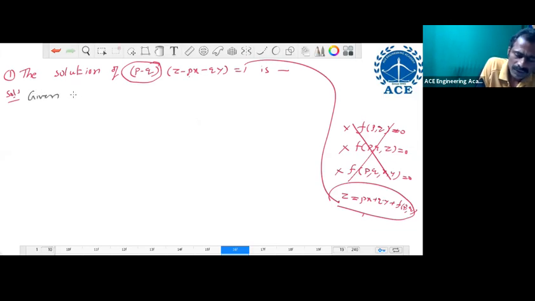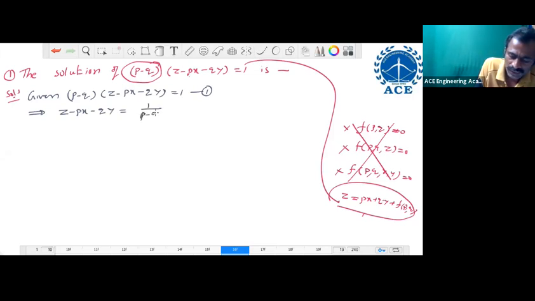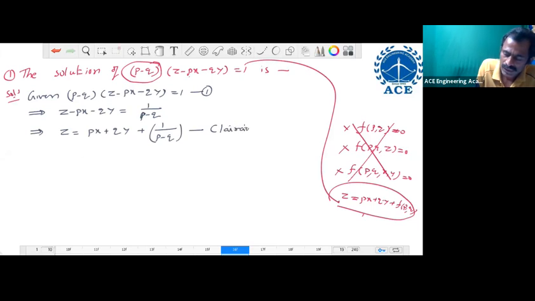Given p minus q into z minus px minus qy equal to 1. We simplify this: z minus px minus qy equal to 1 by p minus q, which implies z equal to px plus qy plus 1 by p minus q. This is Clairaut's partial differential equation.